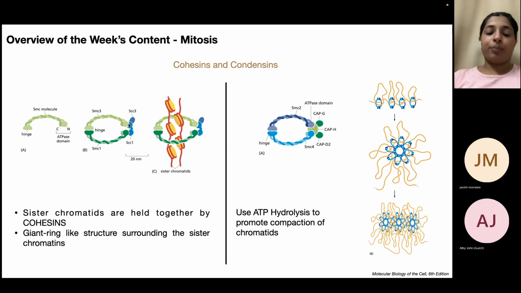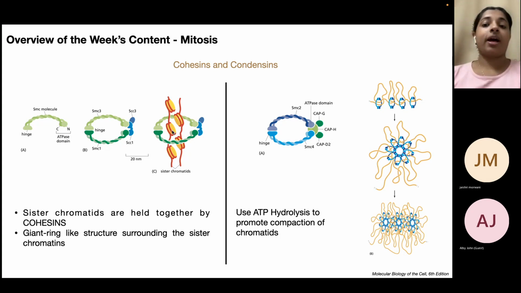They are made up of multiple proteins, basically a complex, which forms a ring-like structure. This ring-like structure holds the two sister chromatids together. Sister chromatids, meaning the two copies of the genetic material encoding the same gene, are present right next to each other and are bound by this ring-like structure to prevent the floating away of the sister chromatids.